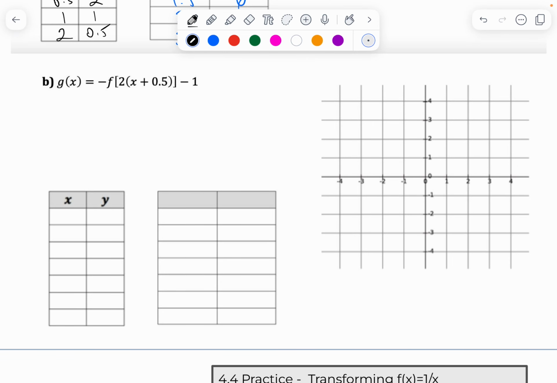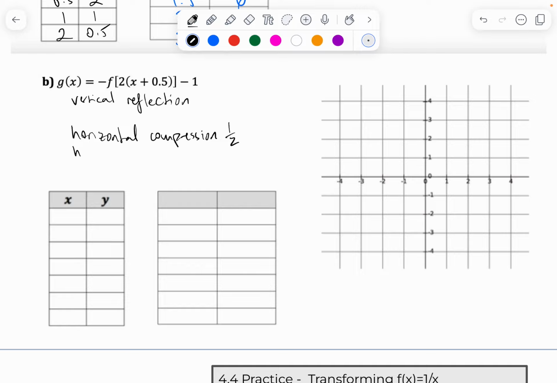Okay, so this negative is going to give us a vertical reflection. This 2 is going to give us a horizontal compression by 1/2.